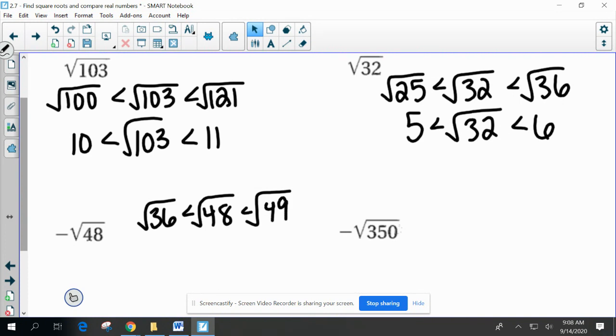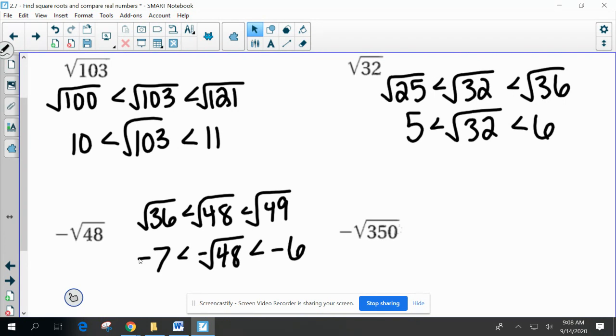So this would be greater than, it's kind of tricky though, because think about it, is negative 6 or negative 7 greater? Negative 6 is technically greater, right, than negative 7. So I'm actually going to kind of flip-flop this when I write my negative. And I'm going to write negative 7 is less than negative square root of 48. And that's less than negative 6. Because our negatives number line kind of goes backward from our positive number line.